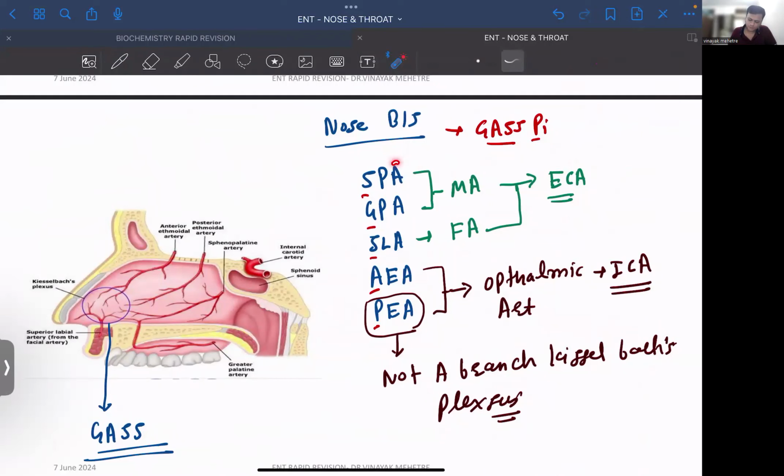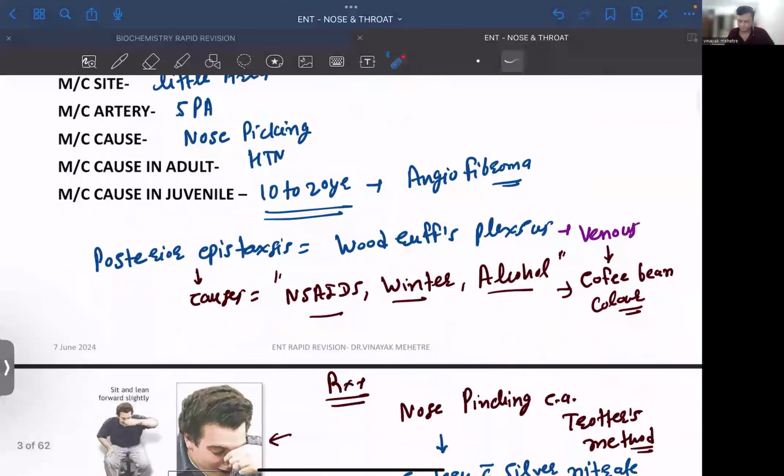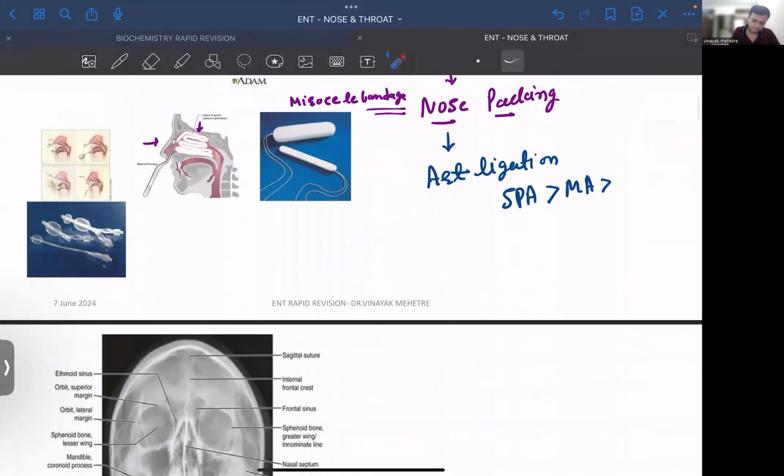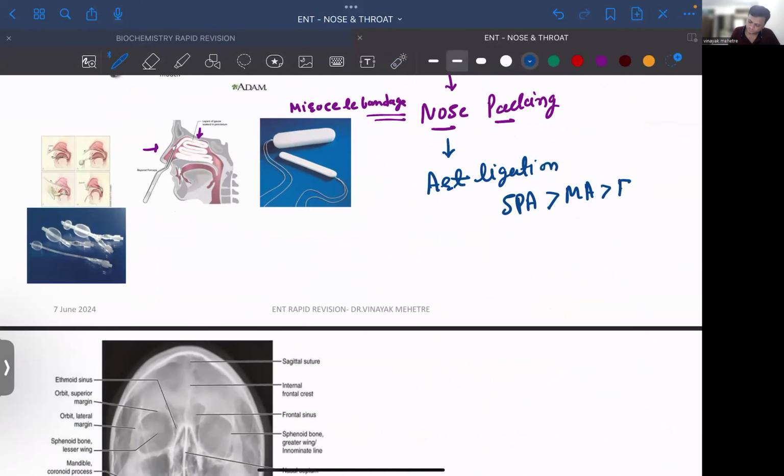So these are finished here, what is left? So instead of wasting our time, what will we block? We will block the external carotid artery directly. Understood the sequence, right? We will directly block the external carotid artery.